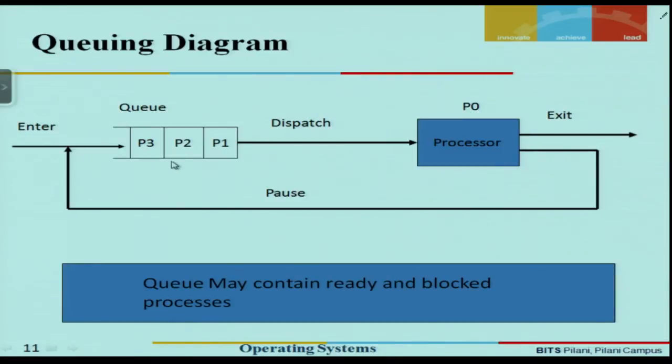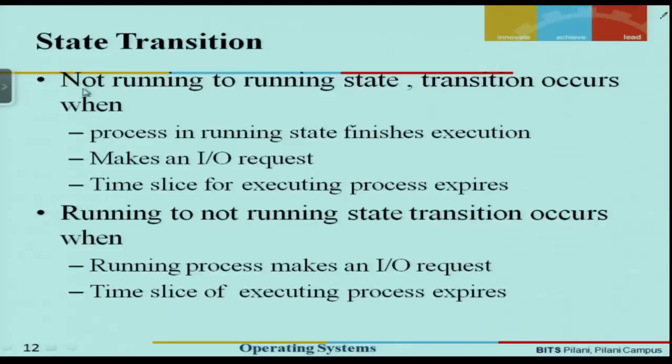This problem is primarily because the queue which we are maintaining has two kinds of processes: one which is ready to execute and the other which is blocked. Of the two states indicated in the state transition diagram, we have the not running to running state transition.